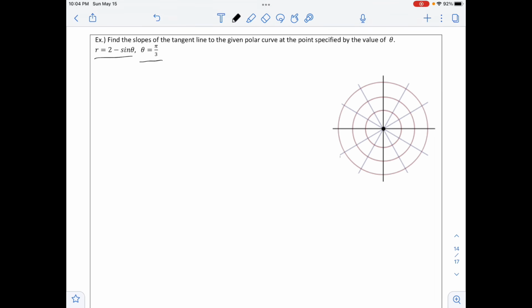The first thing that we have is that x is equal to r cosine theta, and r for this problem is equal to 2 minus sine theta, times cosine theta. And our y value is equal to r times sine theta, and again, r is equal to 2 minus sine theta, times sine theta.